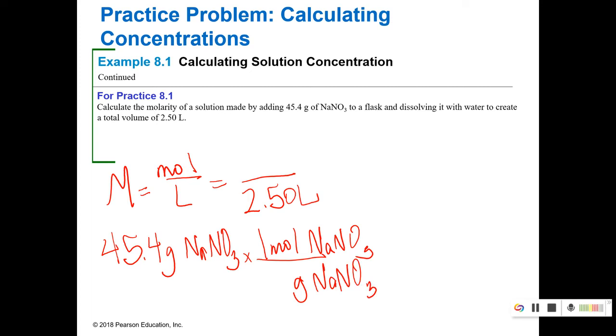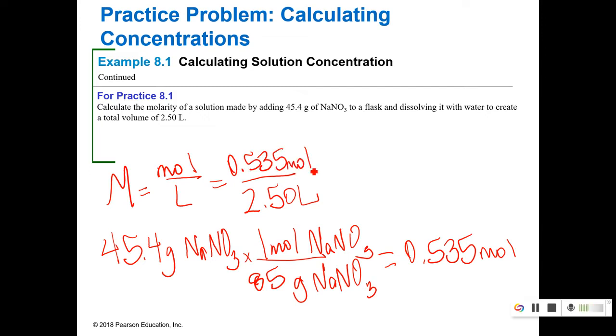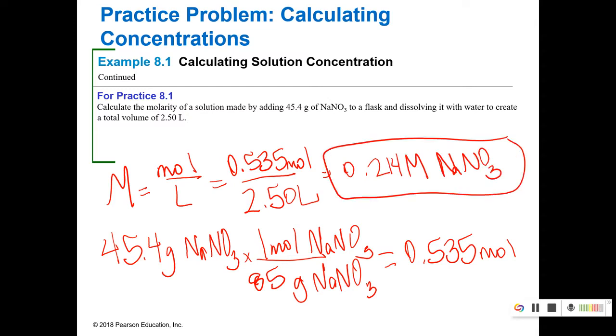I have 22.99 plus 14.01 plus 48, 85. I get 0.535. I get 0.214 molar sodium nitrate. Don't forget, you've got to put the compound because in a little bit we're going to start stoichiometry with these.